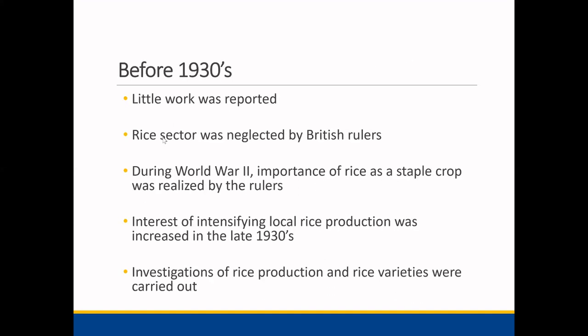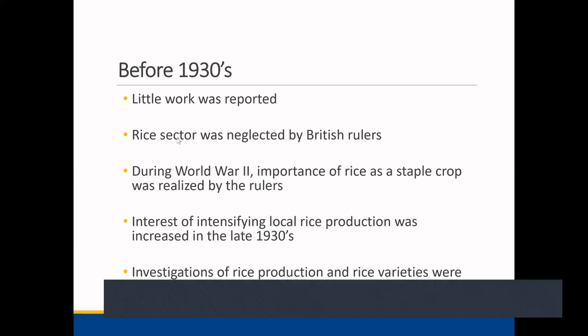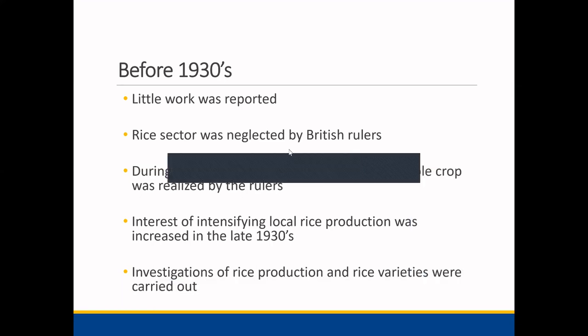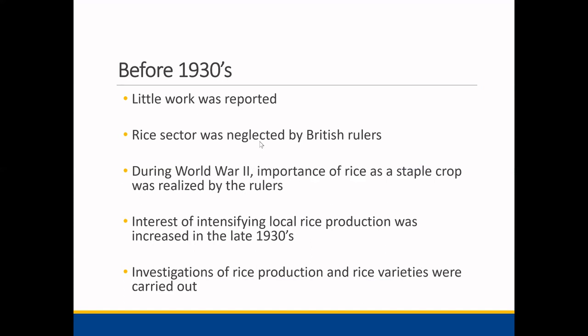So if you look at before the 1930s, there was little work reported. You may know that before independence, we were ruled by the British. The last rulers were British, right?